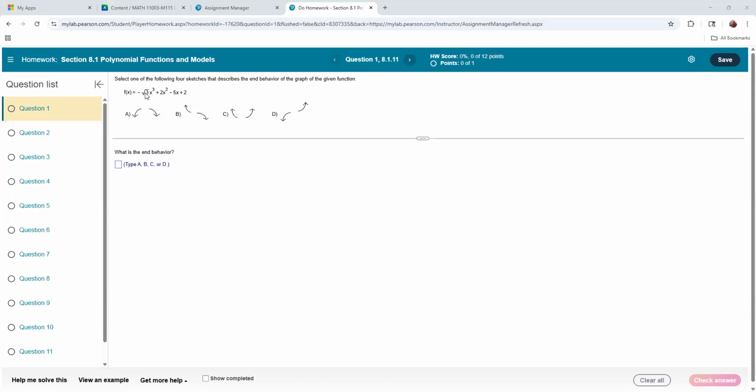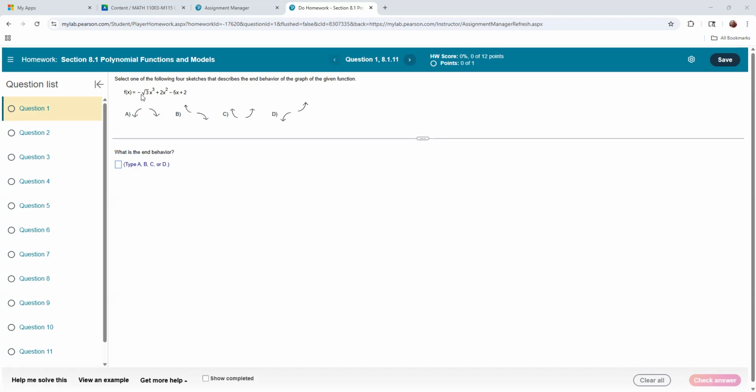My leading term is the negative square root of 3 x cubed. So I'm looking at my degree first. My degree is 3. That's my highest exponent. So since 3 is my degree, it is odd. So I got an odd degree. Now I'm looking at the lead coefficient.